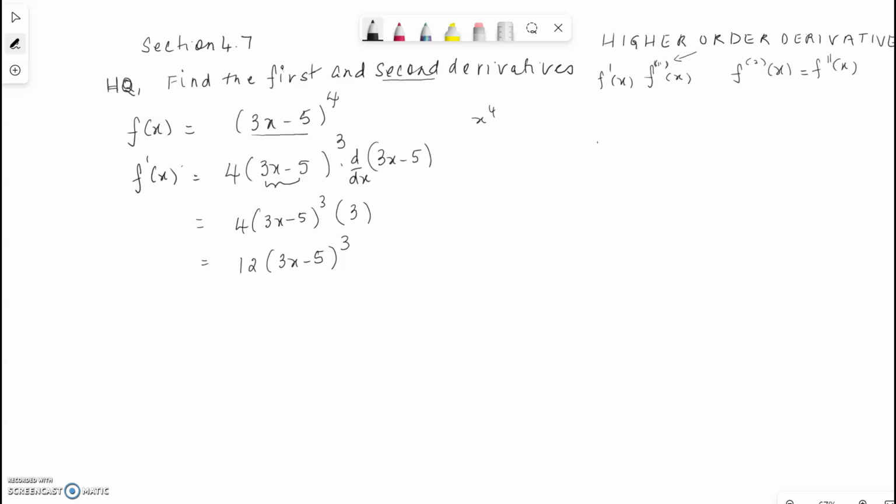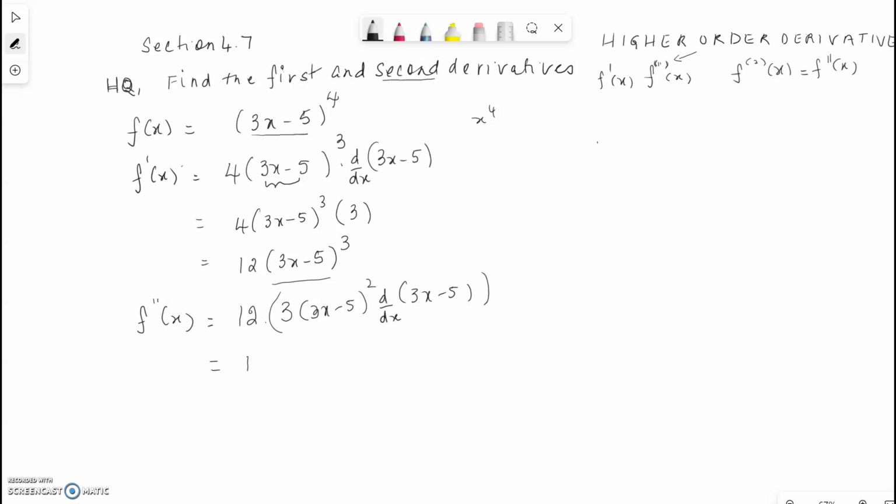Now if we take the derivative of the first derivative, then that becomes the second derivative of x. So this is 12, which is a constant. We differentiate 3x minus 5 the whole cubed, so that becomes 3 times 3x minus 5 to the second power, and then we find the derivative of the inner function.